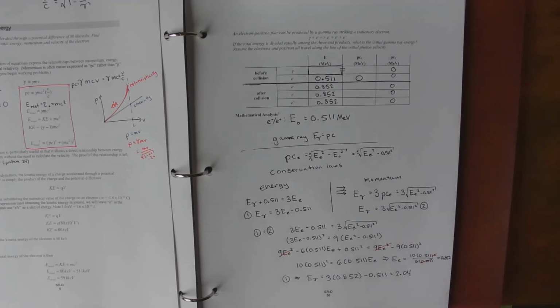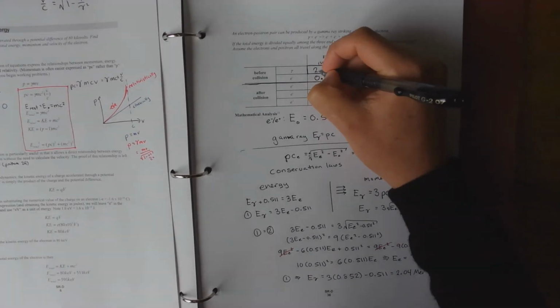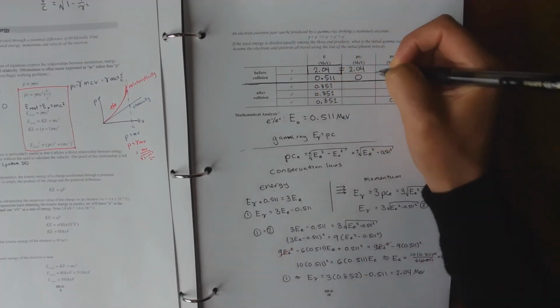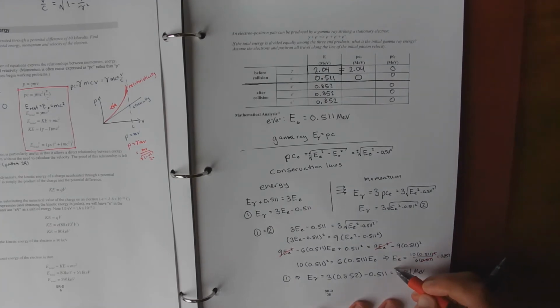Oh, that is the answer. Well, it is an answer. So that would be 2.04. I'm going to box this, but remember we're not done because we still have to explore the other possibilities.